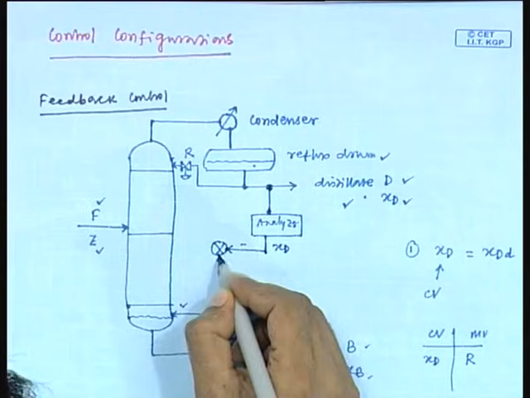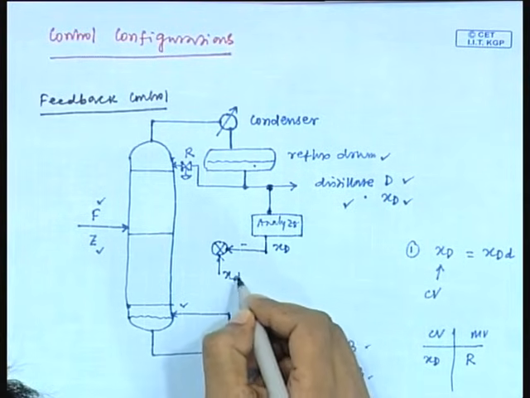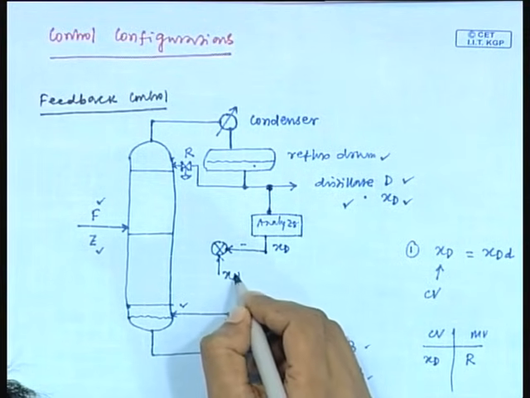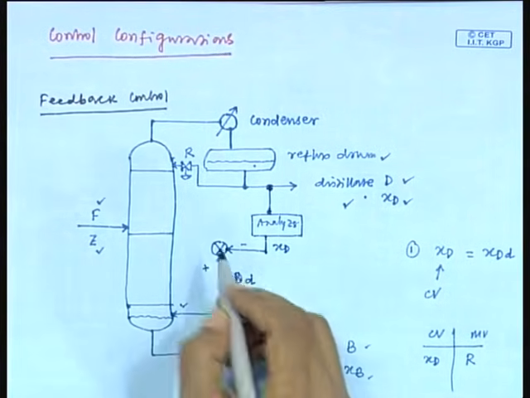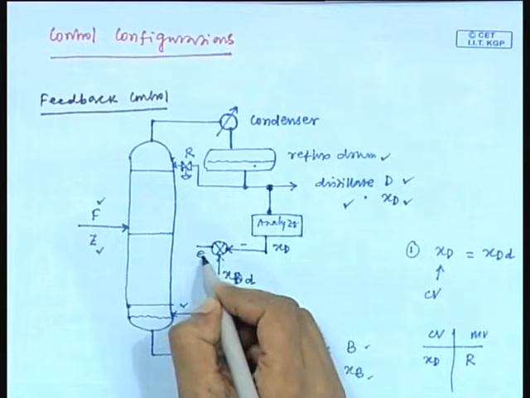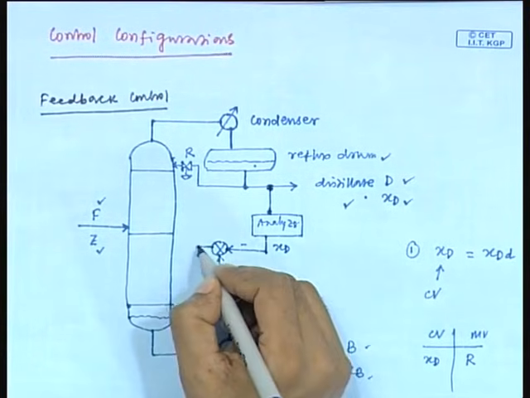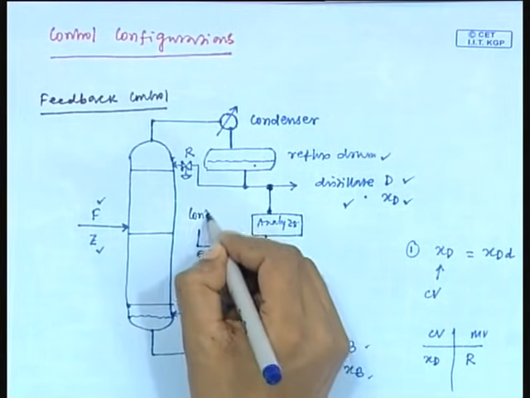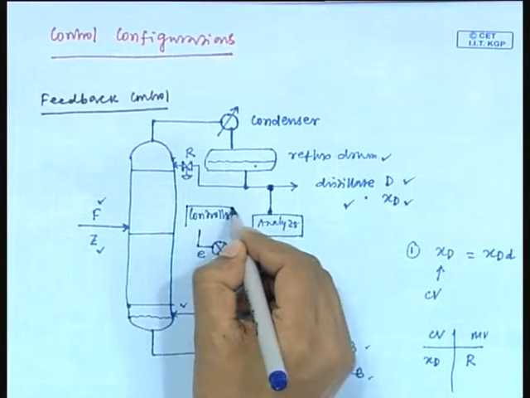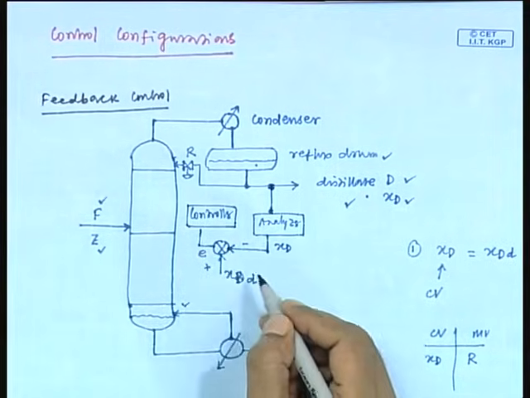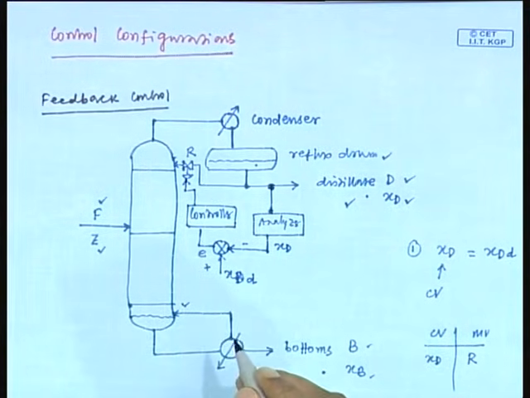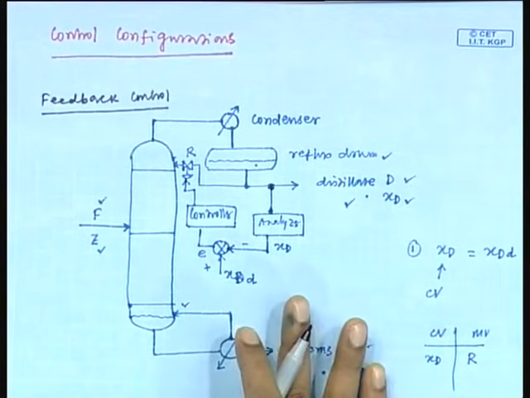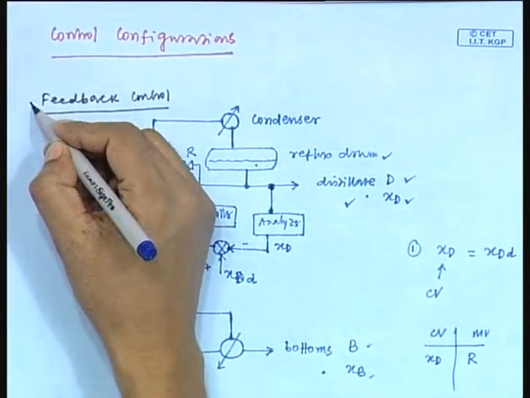This is negative, and this is XD desired, which is positive. Then we get the error signal. This error signal goes to the composition controller, then the control action is implemented through this valve. So, this is the control configuration. So, this is basically the feedback control scheme.